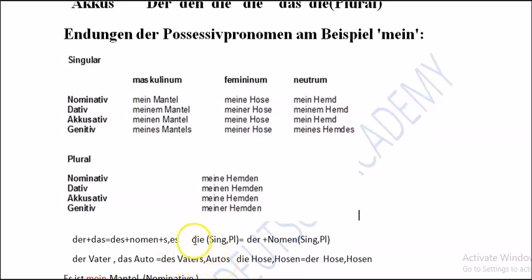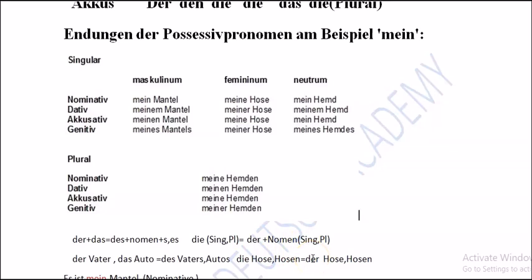And the next one, die, singular and plural: for both of them we change die to der plus Nomen. So, for example, die Hose, it is the singular form, and in plural form we use die Hosen. In both of them we change die to der.